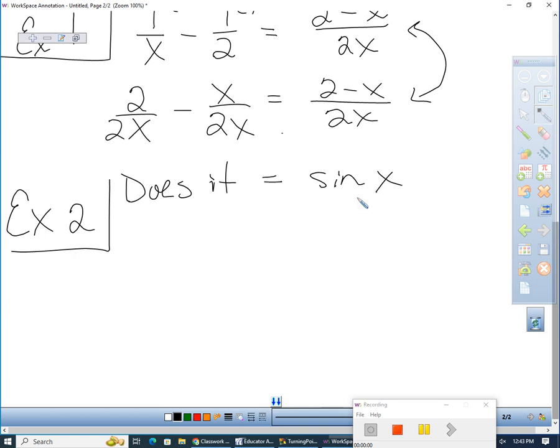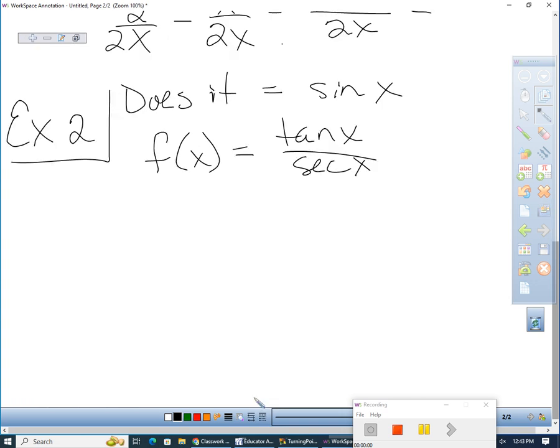All right. So in this section, let's say I have f of x equals tangent x over secant x. I've got to start by simplifying this. So the first thing I'm going to do is change those into sines and cosines, right? Because I want to know if it equals sine, which means I got to have a sine in it. So tangent is sine x over cosine x.